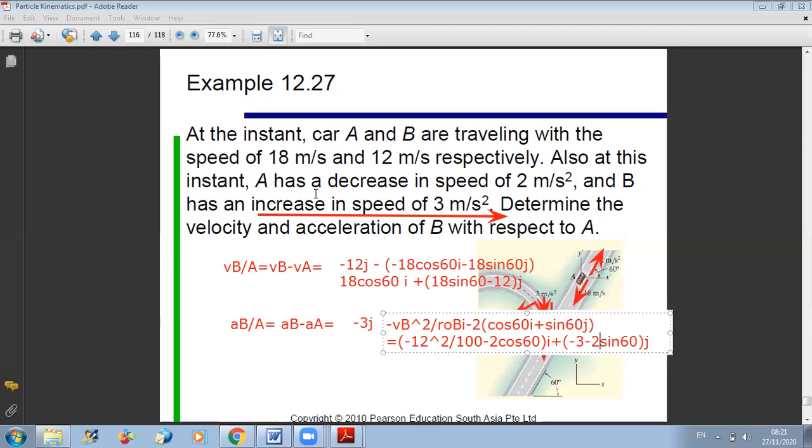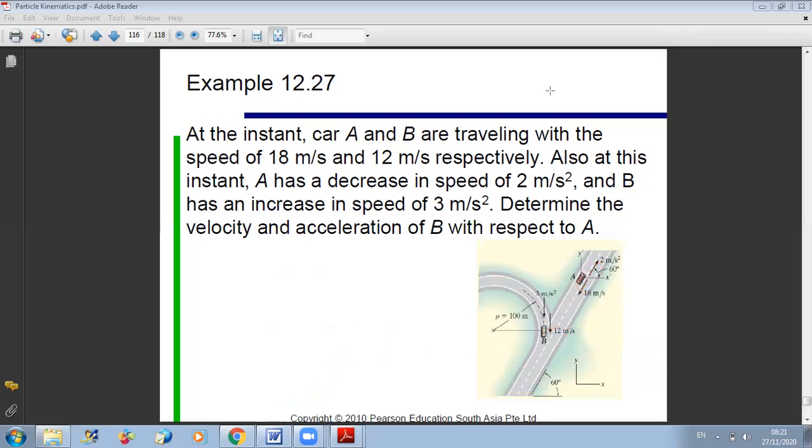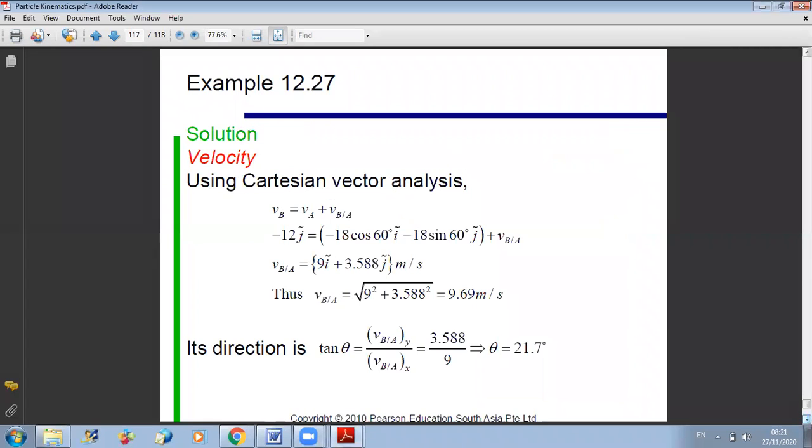If I want to represent it, the relative acceleration will be like this, negative along i, negative along j. Any question on this? Here you can find the complete solution. And for each vector, after you find it, you can calculate its magnitude and its direction.